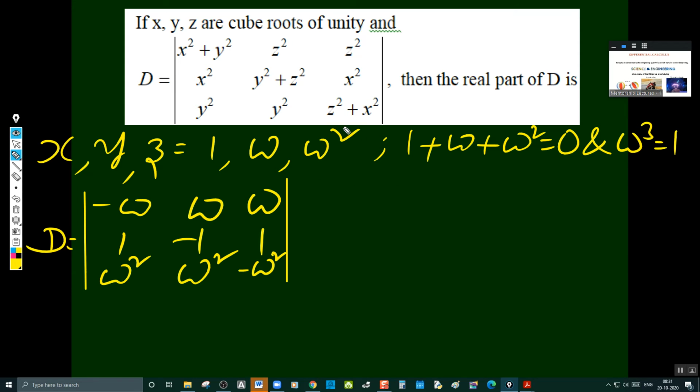I think you can perform R2 changes to R2 plus R1, or otherwise C1 changes to C1 plus C2. Are you there? Are you doing it?